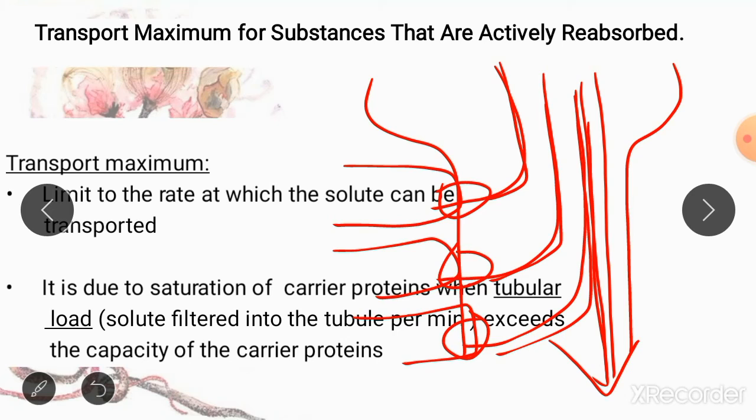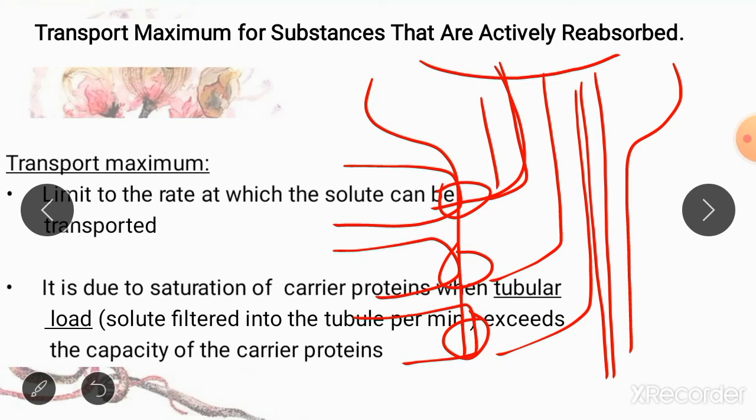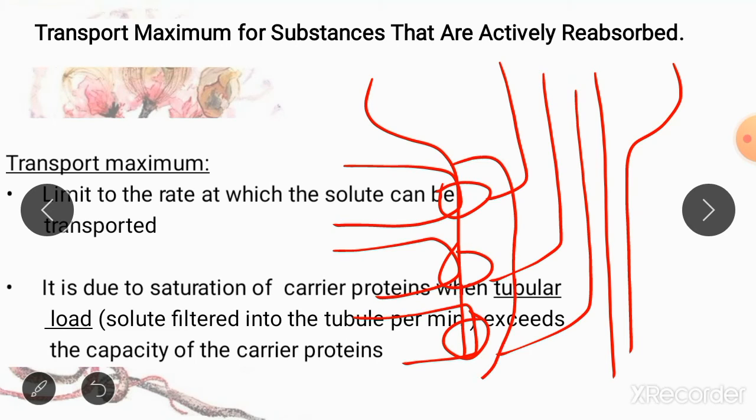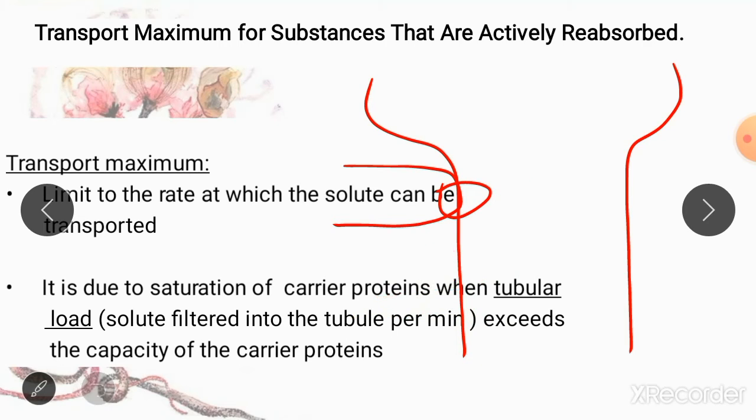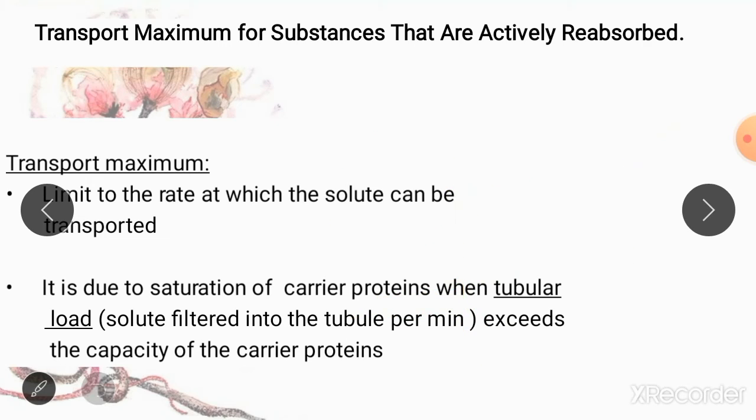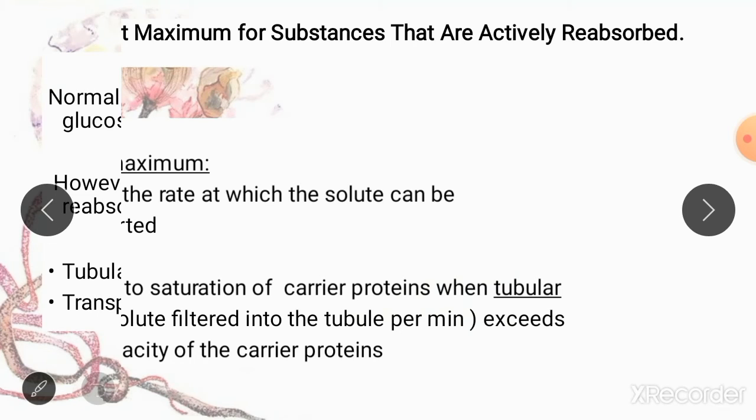This is known as the transport maximum of that substance, and this happens when the filtered load, what is meant by filtered load? It means the amount of substance which is being filtered per minute, and when this filtered load exceeds the capacity of the carrier proteins present within the lumen of the nephron, this is known as the transport maximum of that substance.